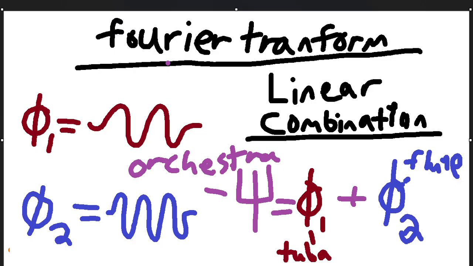The orchestra's wave will be a combination of all the possible instruments. I haven't listed a whole lot here, there's only 2. But obviously, if you have an array of instruments, then you just add up all the waves together.